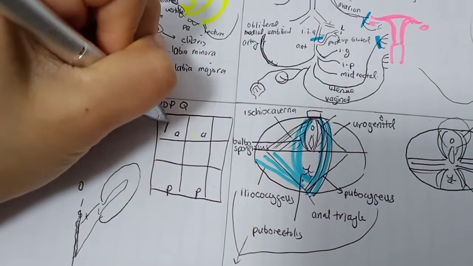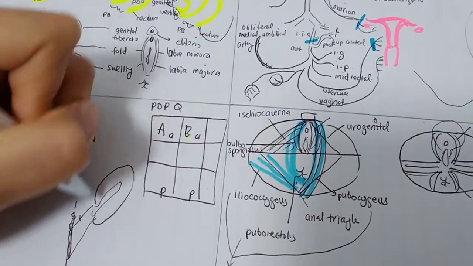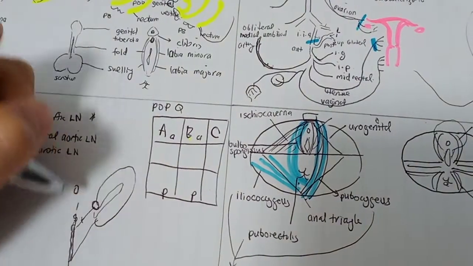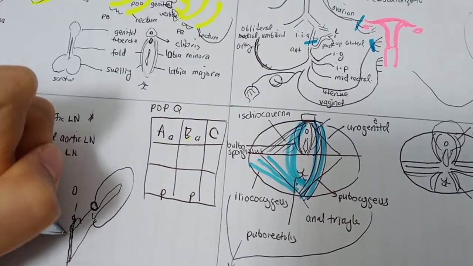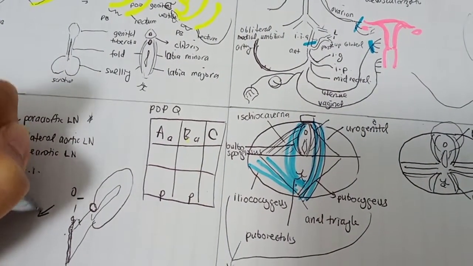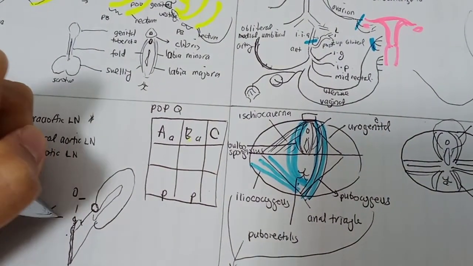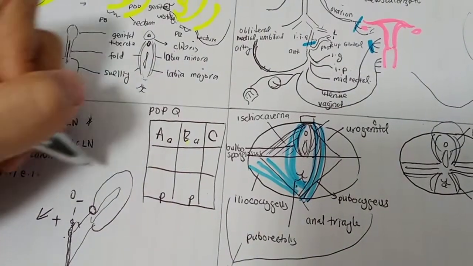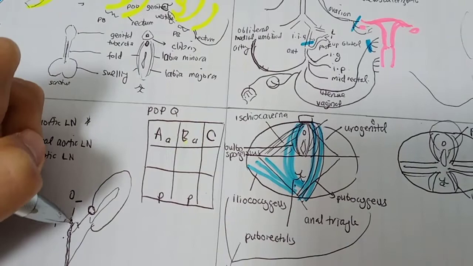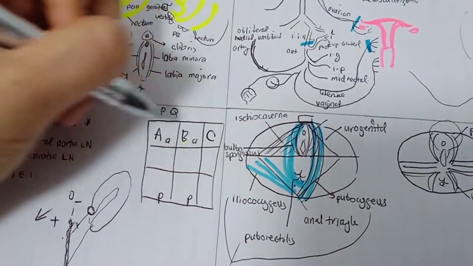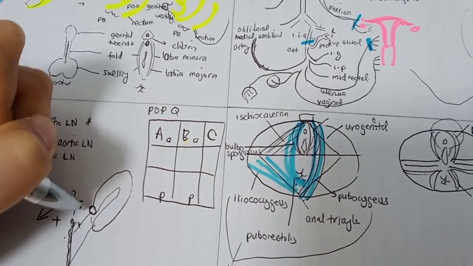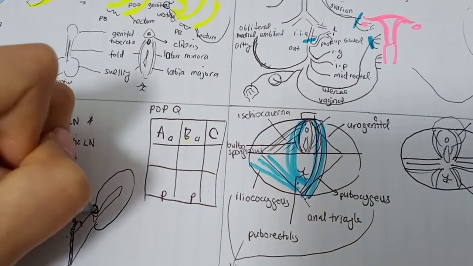On the anterior, we have point A and point B, and we have point C here. Point A is 3 centimeter away from the hymen. So this will be negative, and out from the hymen ring, it will be positive to show the prolapse. So Aa is 3 centimeter from the hymen or urethral opening, and Ba is the most prominent part in between the Aa and the C, and C is the cervix.